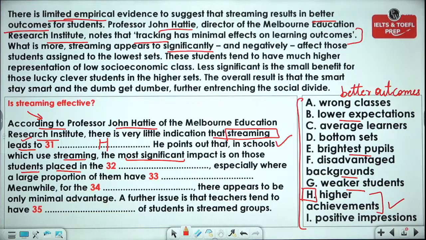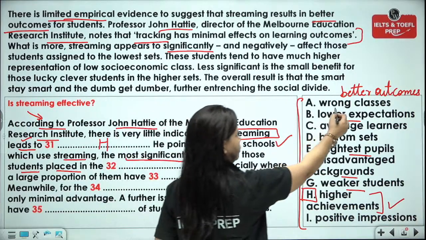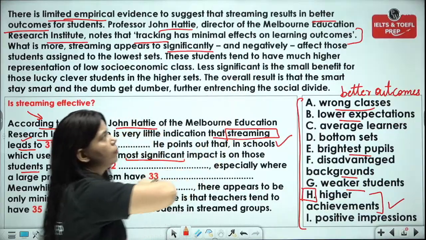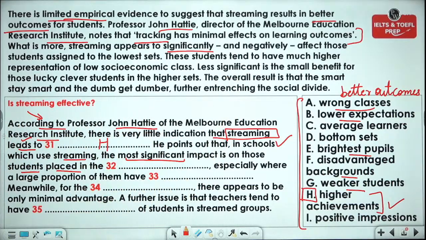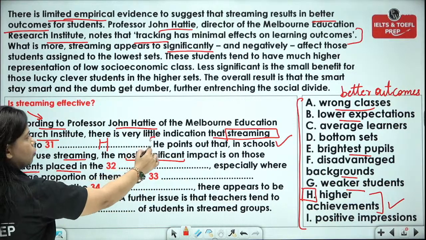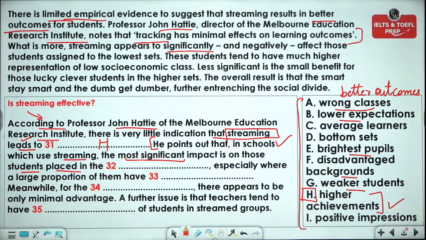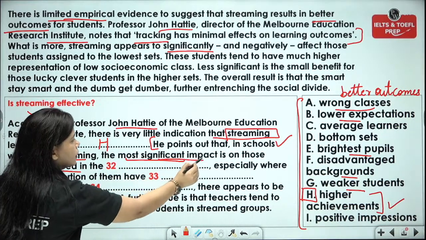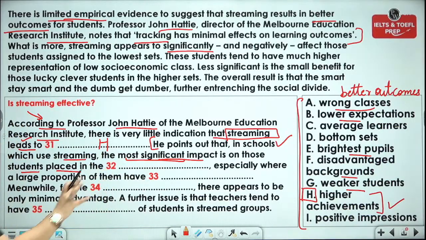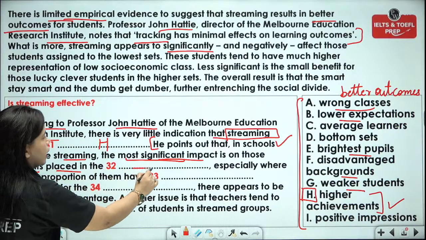Well, okay, so you have posted A. A means wrong classes. Where do you see a synonym of wrong classes here? Let's read. So the question says, he points out that in schools which use streaming, the most significant impact, the most important impact is on whom? The most significant impact is on those students placed in the dash.